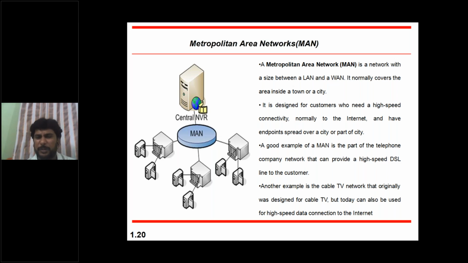Earlier, one of the best examples to understand this was the cable network, which was used exclusively for television transmissions. Now we are using the same cable network even for provisioning internet facilities, right? So that is for the digital network, which we have talked about.